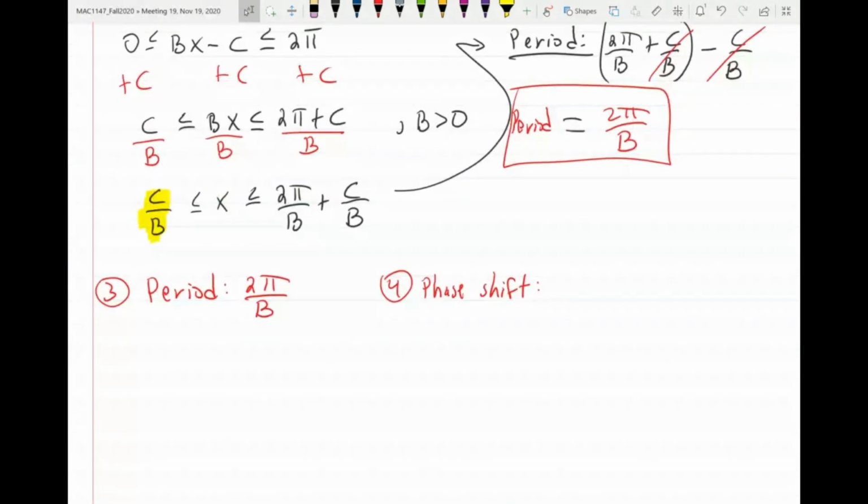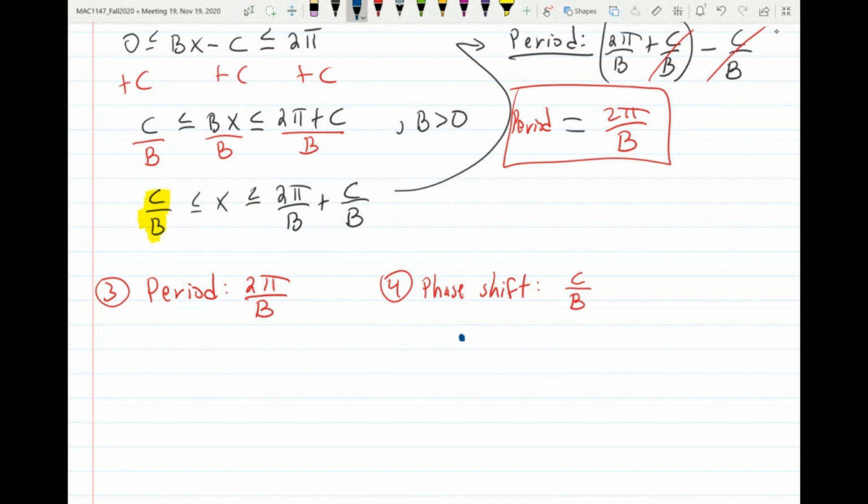So the phase shift is going to be given by the ratio C divided by B, okay? And then whether it goes right or left is given by the sign of C. If the number C is positive, then we're gonna shift right that many units. And if the number C is negative, then we're gonna shift left that many units.